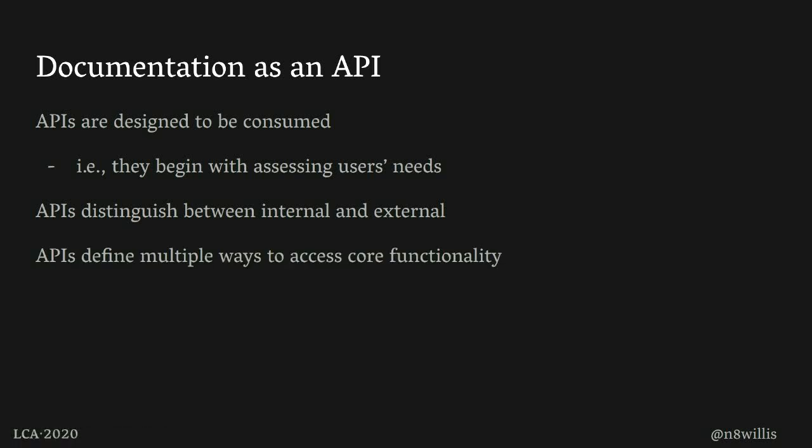It's also interesting to realize that a lot of times APIs give you more than one way to access some core functionality, and that's a documentation issue too, right? You have to structure your docs so that someone who's arrived from a random web search and lands on chapter 6 can get their bearings and figure out where they are.